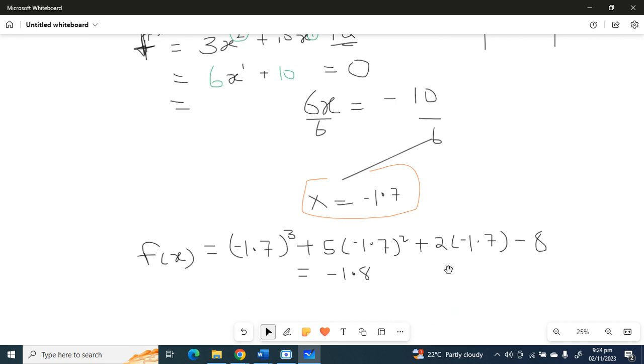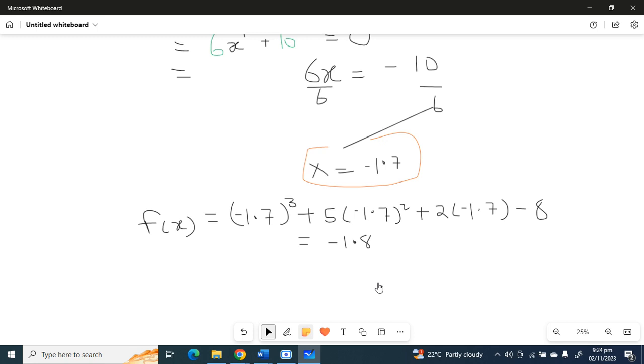So the coordinates for our inflection point are negative 1.7 and negative 1.8. Any questions?